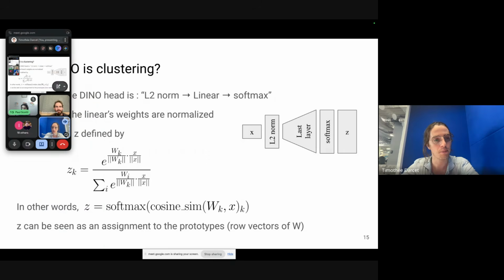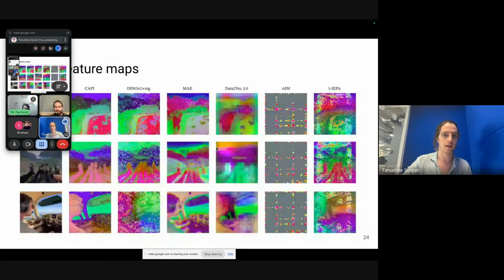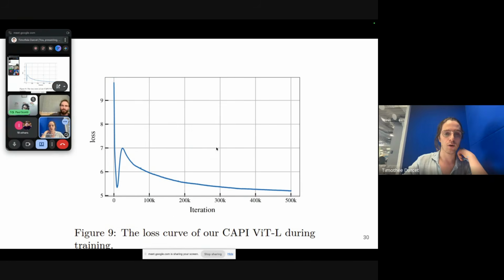In CAPI you have such a simple setup that either it goes well or it goes wrong, and once it starts going wrong, everything crumbles. And you have a very clear, I did not mention that, but the instability I was describing, I was calling that a regime change. Basically, you have a very smooth loss, like I was showing, and all of a sudden, it is not smooth at all, and it is just recognizable from the loss curve. So you can see at this point, you have a change of regime, and things go wrong.